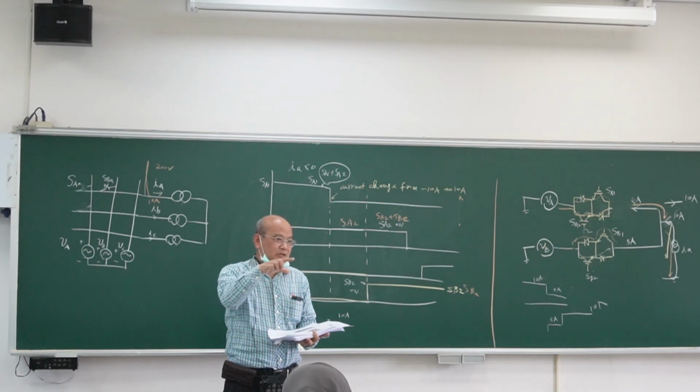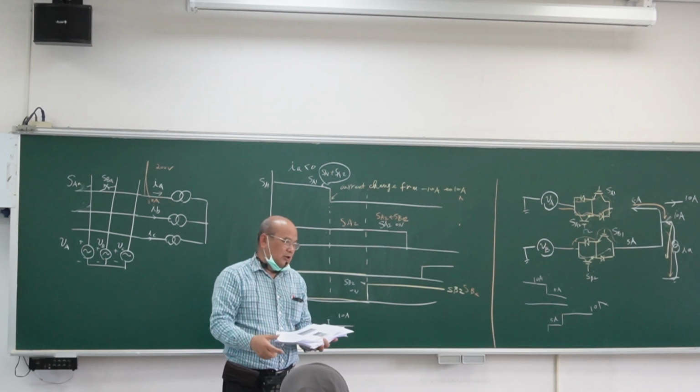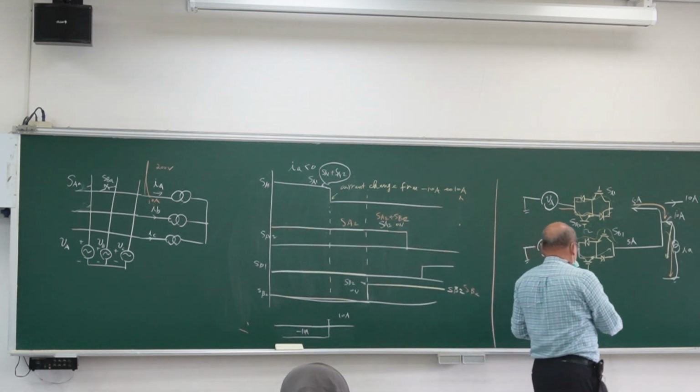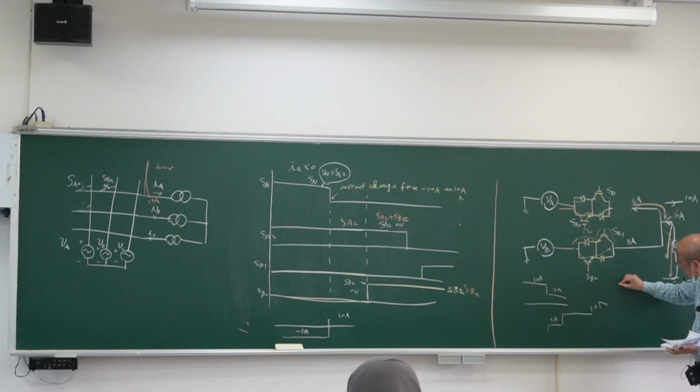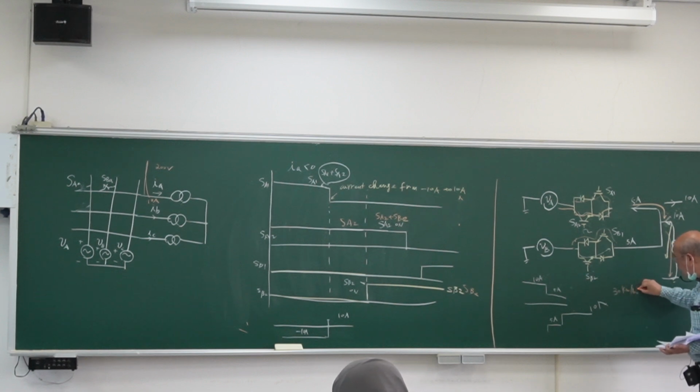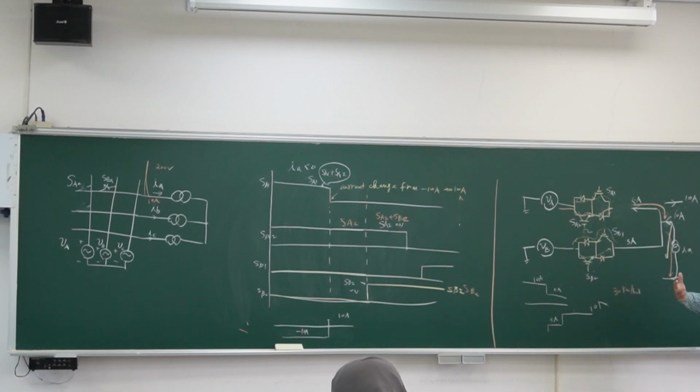So we have 4 steps. If you have a car, you have gears. If you put it in first gear, you can move to 30 kilometers per hour. Can you use first gear to hold pace? It is not good. Then you have to switch to second gear.